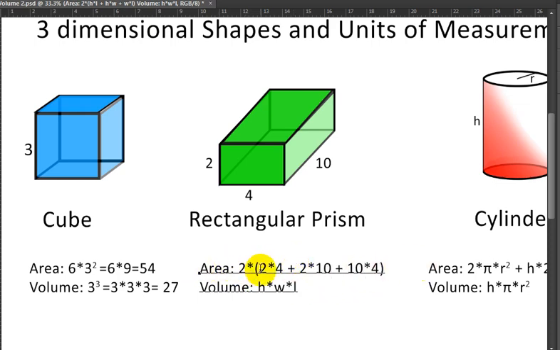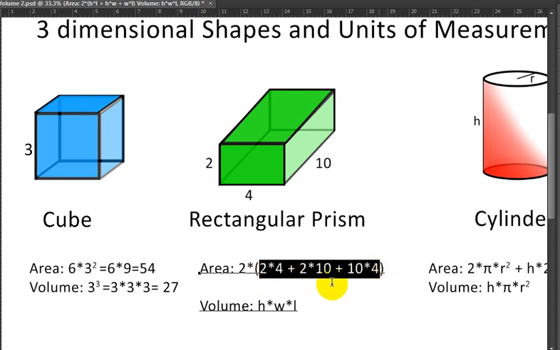So what I get is 2 times parentheses 2 times 4 plus 2 times 10 plus 10 times 4, which, if we remember our order of operations, we first need to do the operations inside the parentheses, but also inside the parentheses, the multiplications have priority. So we first need to do 2 times 4, 2 times 10, and 10 times 4, and then we can proceed.